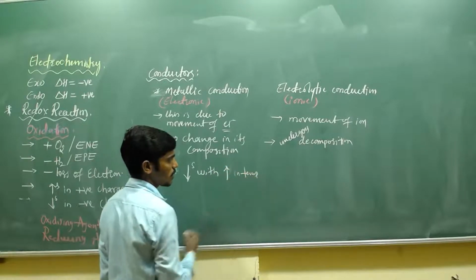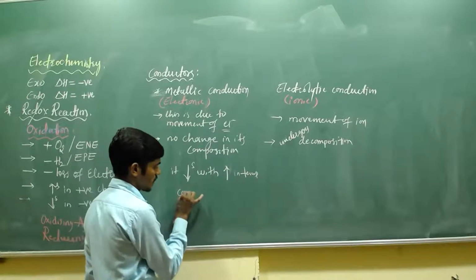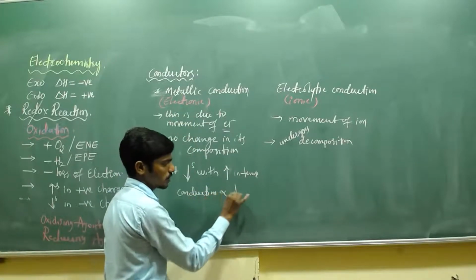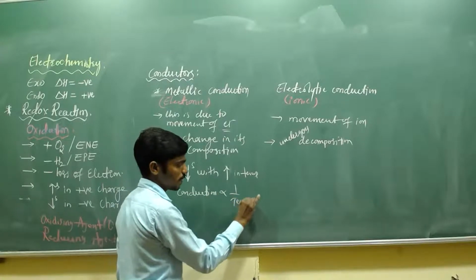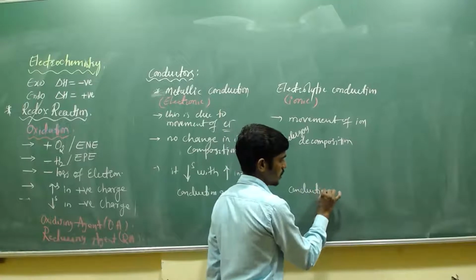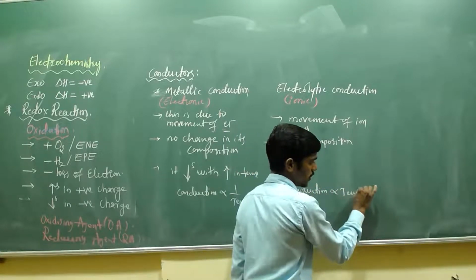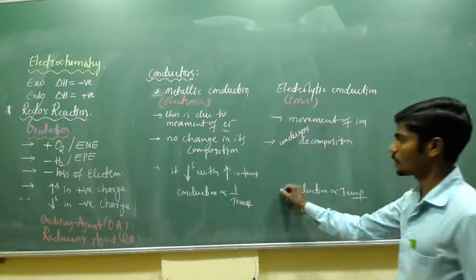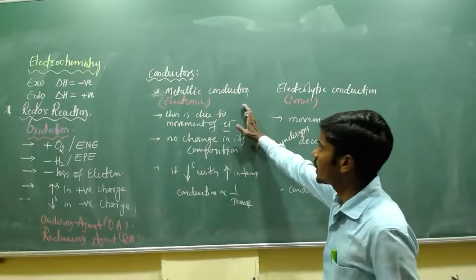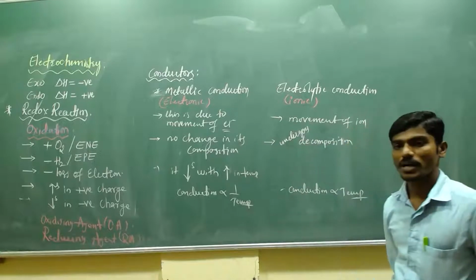That is inversely proportional. So simply I can write: metallic conduction is inversely proportional to temperature, whereas ionic conduction is directly proportional to temperature. Those are some of the differences between metallic conduction and electrolytic conduction.